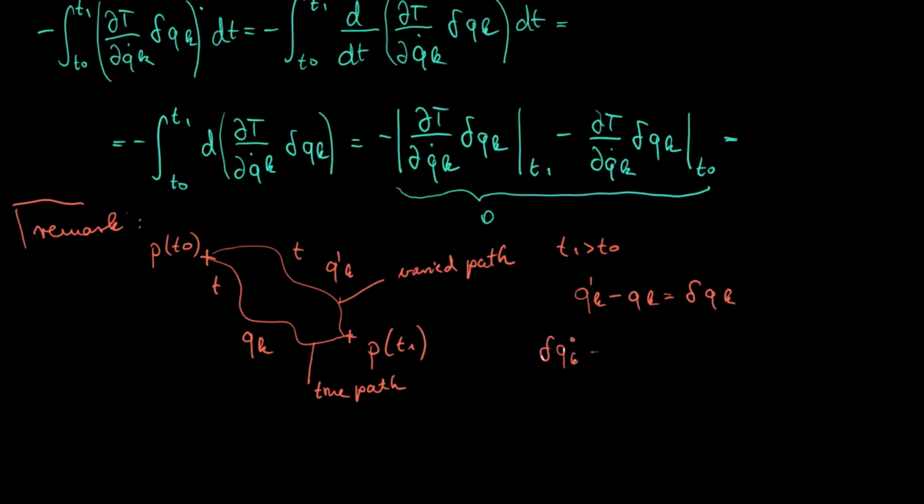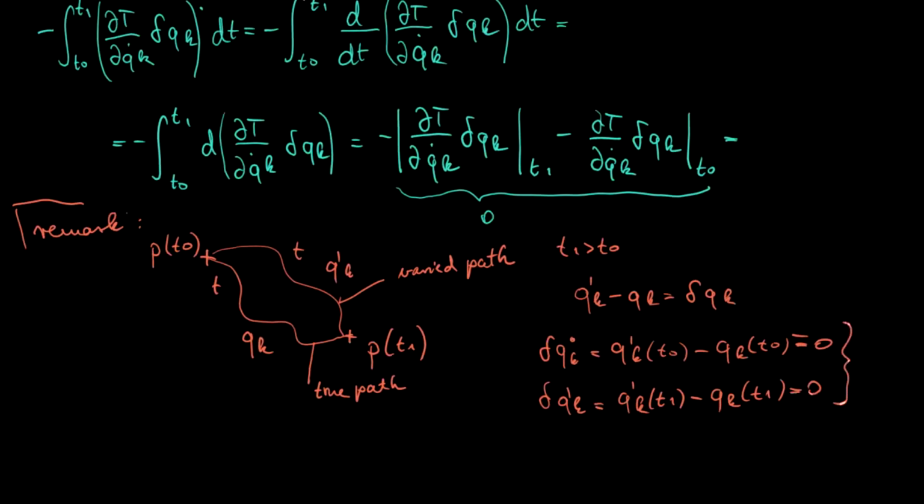I have written the true path and the varied path, qk prime, and qk prime minus qk is the delta qk. Delta qk at t1 and delta qk at t0 equal 0. So these two terms will be 0.